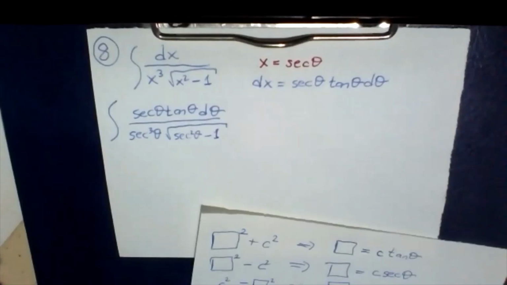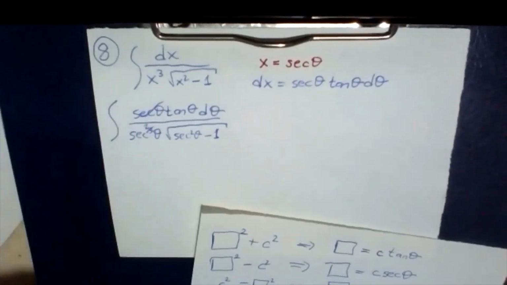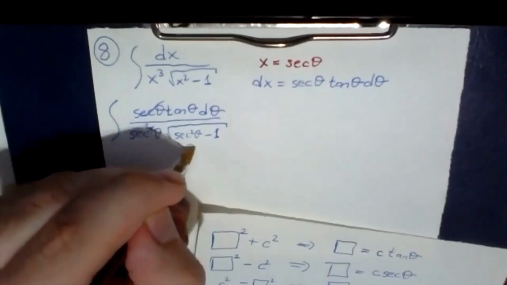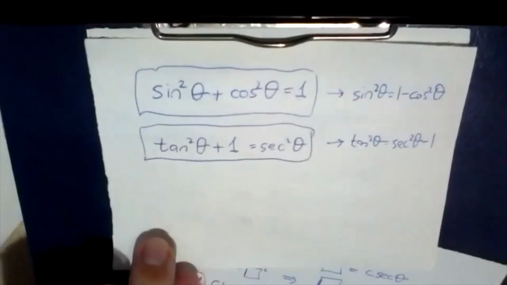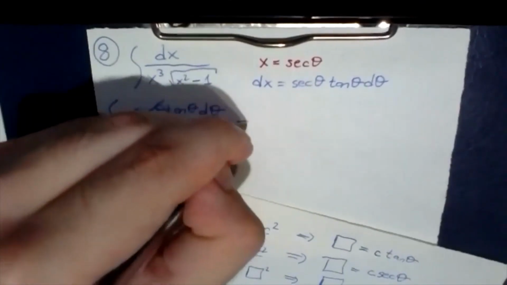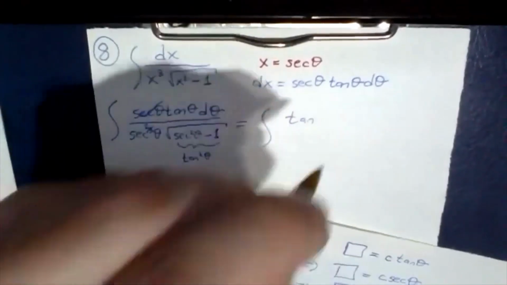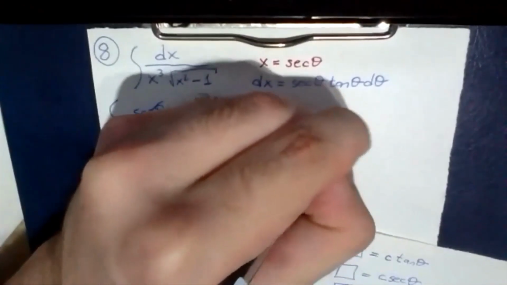Next, if possible, we can make some simplifications. Secant square will remain in the denominator. And secant square theta minus 1 is equal to tangent square theta. So the integral will become, in the numerator we have tangent theta d theta.